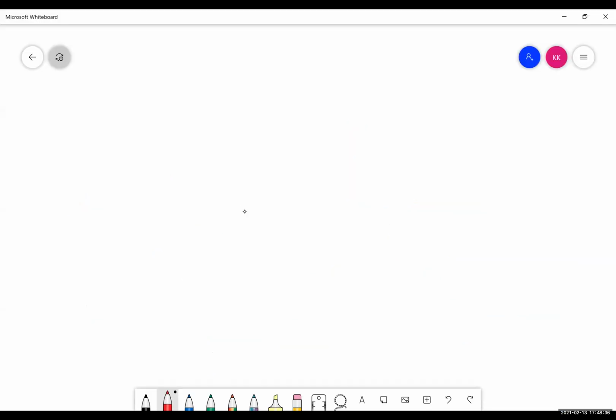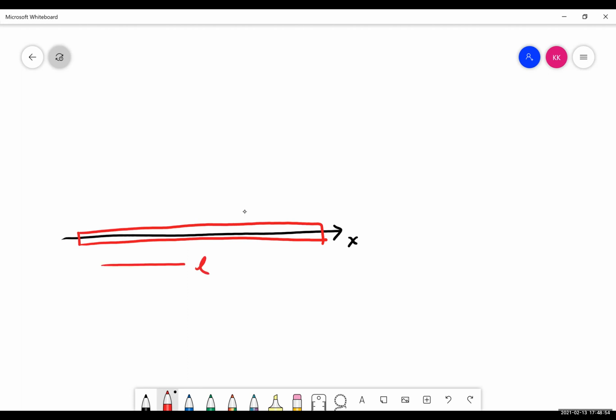All right. So let's say this is our horizontal axis, and let's say we have a rod like this, and it has a length L. Now I want to find the electric field at some point P right here.